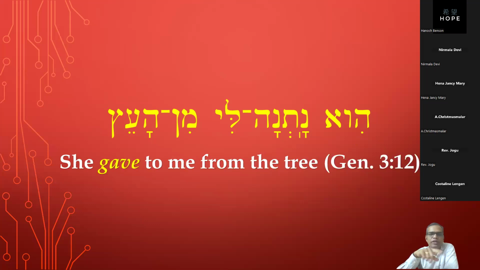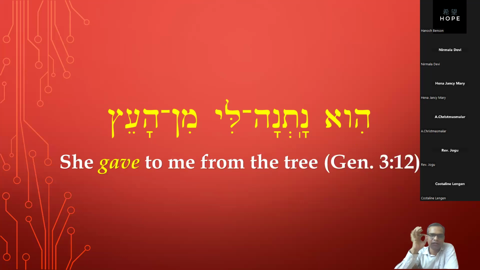Okay. So how is it translated here? She gave to me from the tree. Okay. Which one is the verb here? Any idea? Natena, from Natan. Third person feminine singular. Okay, Qal. So the explanation should be Qal perfect.